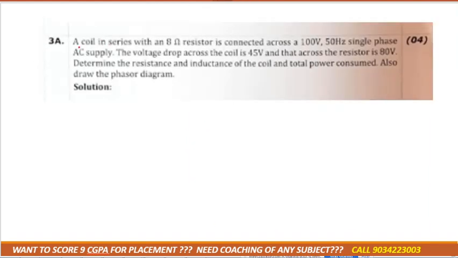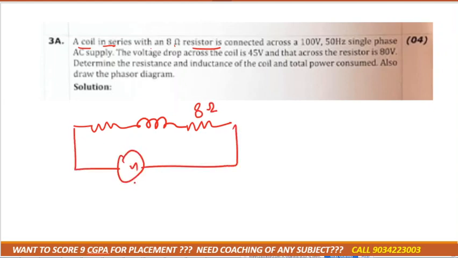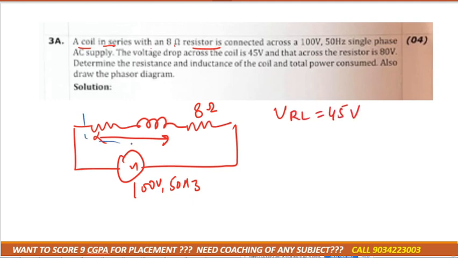Reading the question again: a coil, the combination of R and L, is connected with an 8 ohm resistor, and this whole supply is connected to 100 volt, 50 hertz. The voltage drop across the coil is VRL equal to 45 volt, and across the resistor is 80 volt.